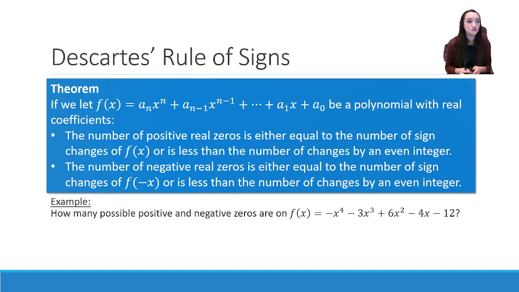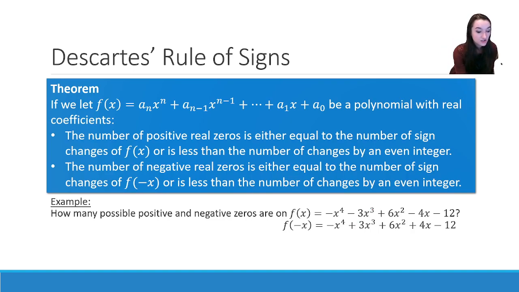So, first, we're going to take this function and find f of negative x. Remember how to do that from when we talked about plugging in a negative x when we dealt with odd and even functions. So, for f of negative x, we are going to get changes of sign anytime the degree of our term is odd.